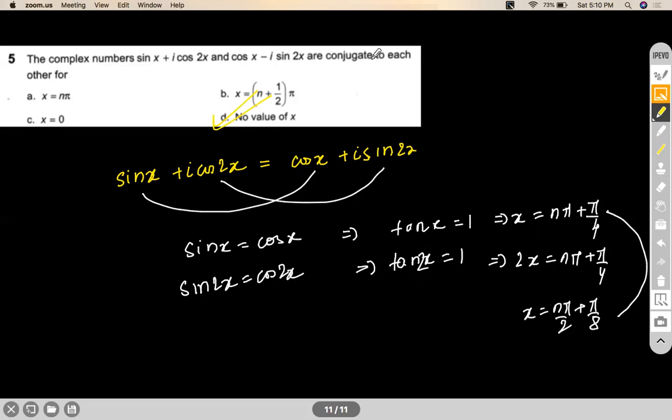Is that clear? Any questions, any concerns? Can we move on? So option D is the right option. No value of x in this case is present. Okay, is this fine?